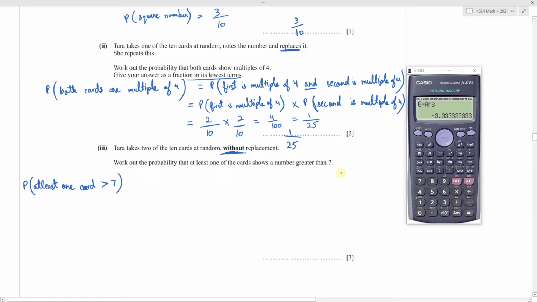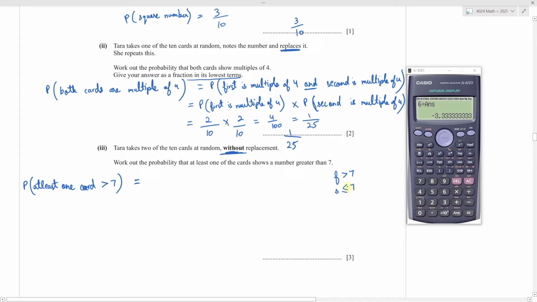So the first outcome, I'm representing first with F, is if you get the first card that is greater than 7 and the second card is less than or equal to 7. In this, if you pick these two, you have at least one card that is greater than 7, which was your first card.